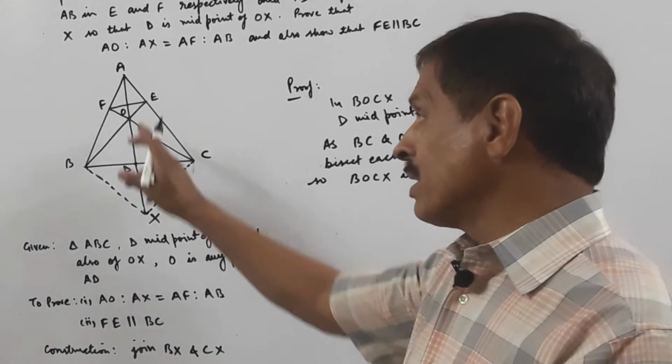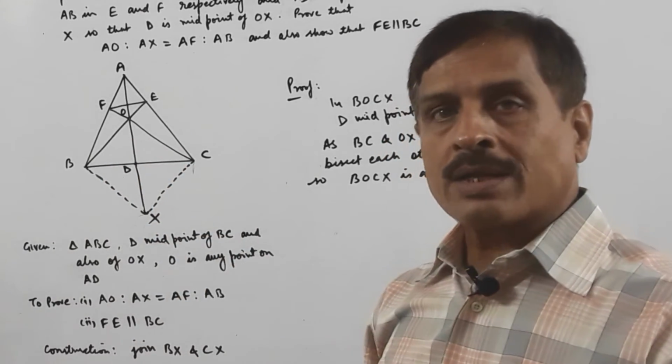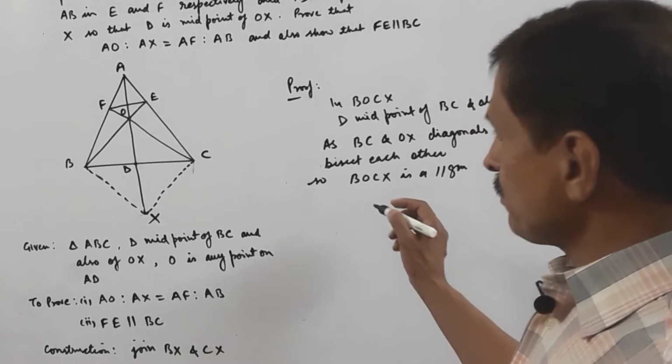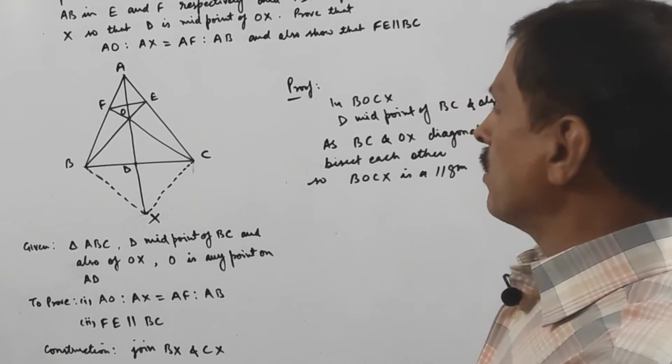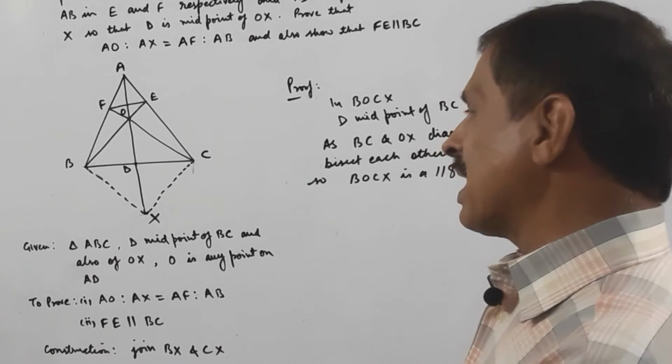So if in a quadrilateral diagonals bisect each other, then the quadrilateral is a parallelogram. In a parallelogram, opposite sides are equal and parallel as well.